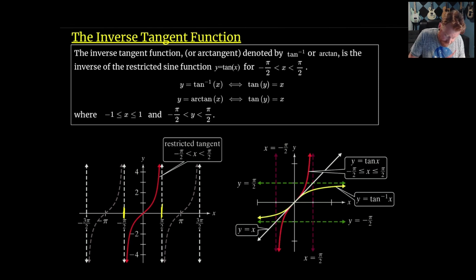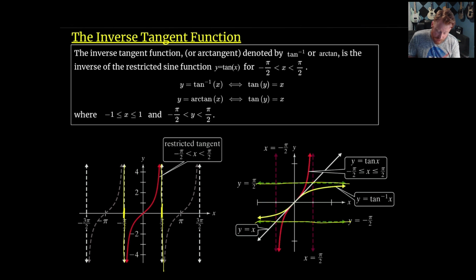So we can see that since we have vertical asymptotes at negative pi over 2 and pi over 2, that's going to correspond to horizontal asymptotes once we look at the inverse, flipped through the origin here.